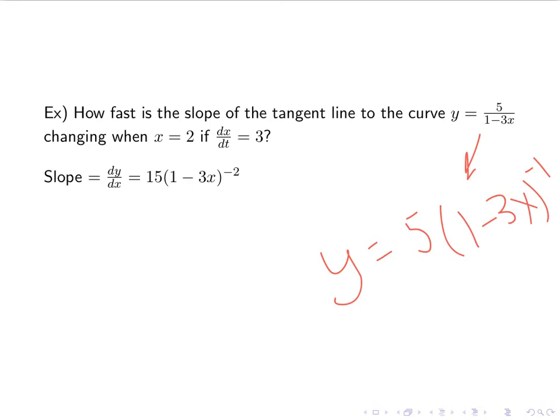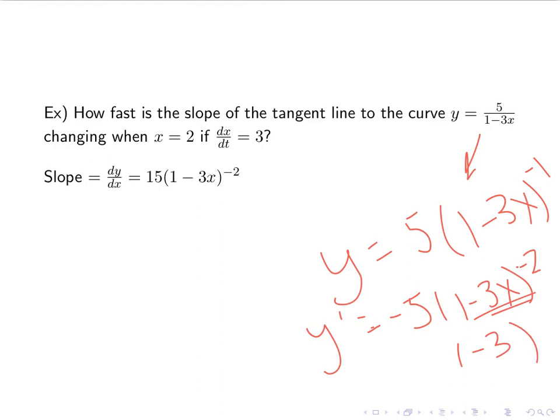So I bring down the 1 for y prime, so negative 5 times (1 minus 3x) to the negative 2. Chain rule, I have a function inside, so I also have to multiply by negative 3. So that's where the 15 comes from. So 15 times (1 minus 3x) to the negative 2. That is the slope. Now the question is, how fast is that changing?